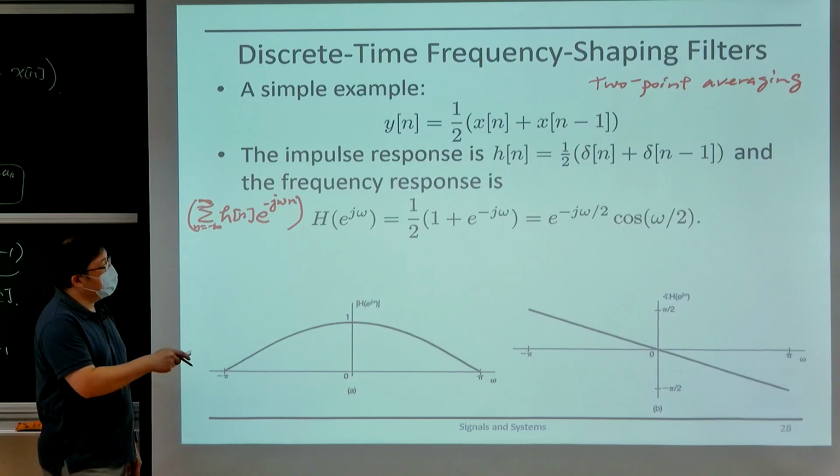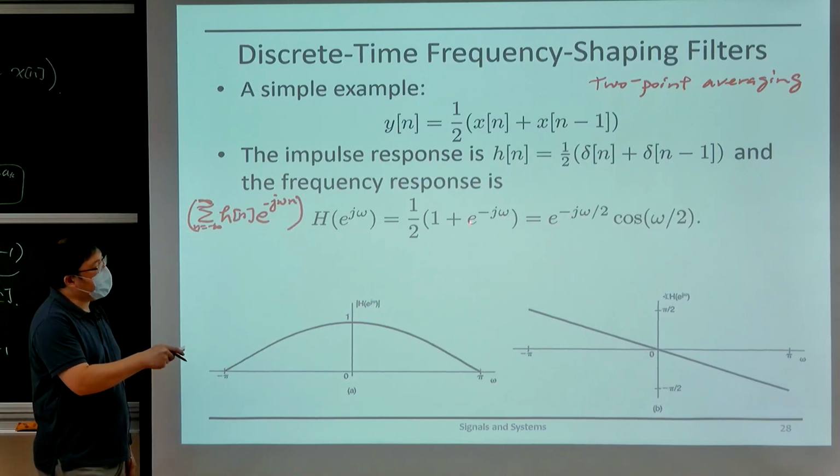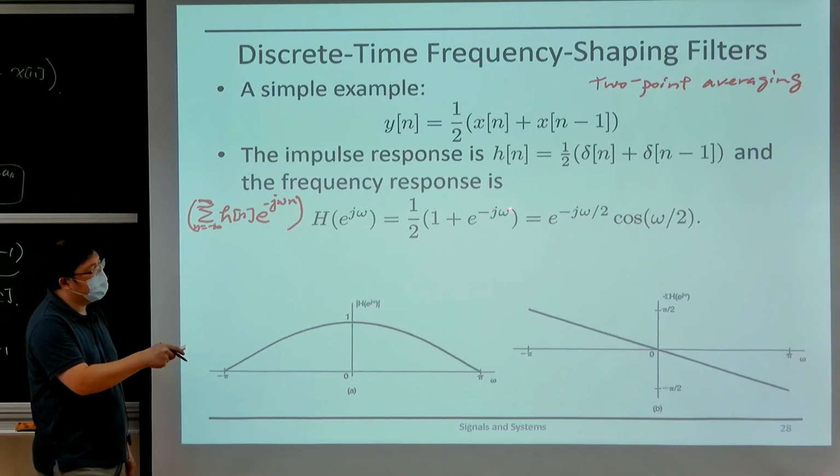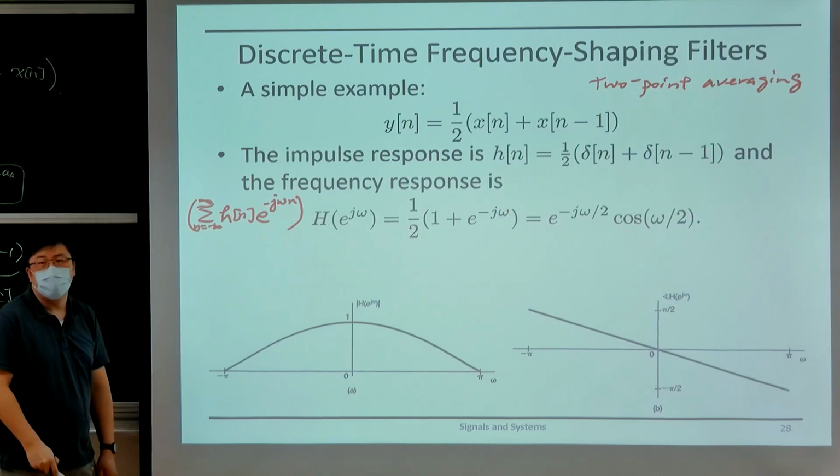Now you can bring out half of this, e to the minus j omega over 2, outside of the bracket. Then what you have will be e to the j omega over 2 plus e to the minus j omega over 2, which when divided by 2 gives you cosine omega over 2.